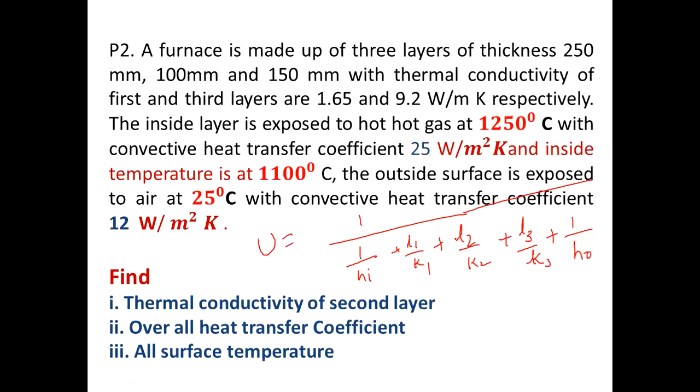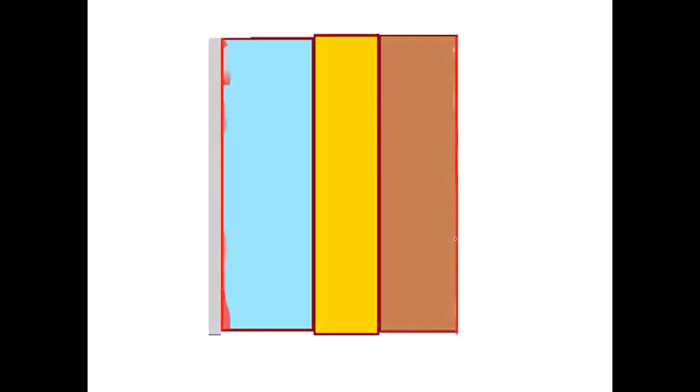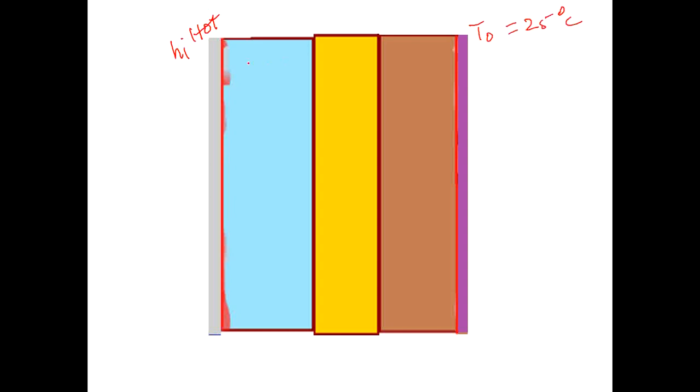You can do it like this. Very simple problem. Just observe how I am going to solve the problem. You have first layer, second layer, third layer. The first layer is exposed to the internal heat transfer coefficient HI. This is the hot side. Next, external, it is exposed to the cold side. This is T0, this is 25 degrees Celsius.